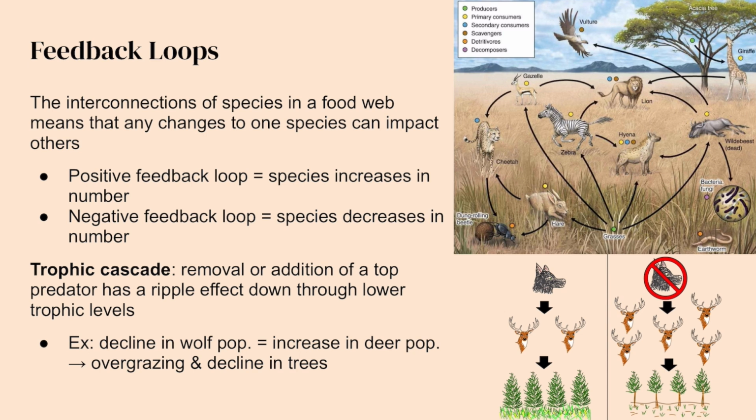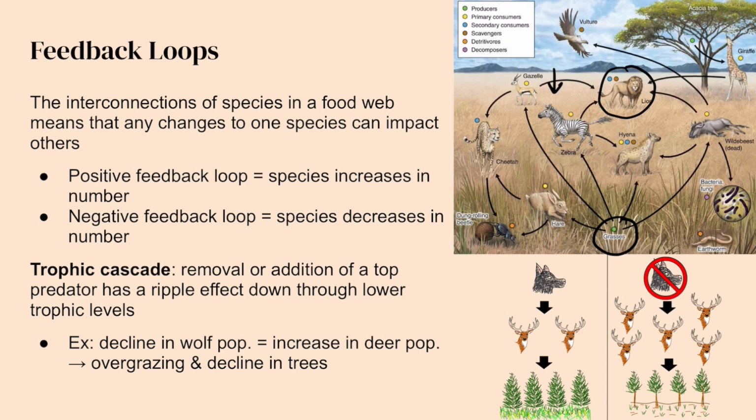So for example, if we look at this diagram to the upper right, if our population of lions were to grow, that would dramatically reduce the number of gazelles. So the gazelle population would decrease, and then what would happen there is if we don't have as many gazelles, our grasses would be able to increase. Those populations would increase because fewer gazelles are eating the grass.